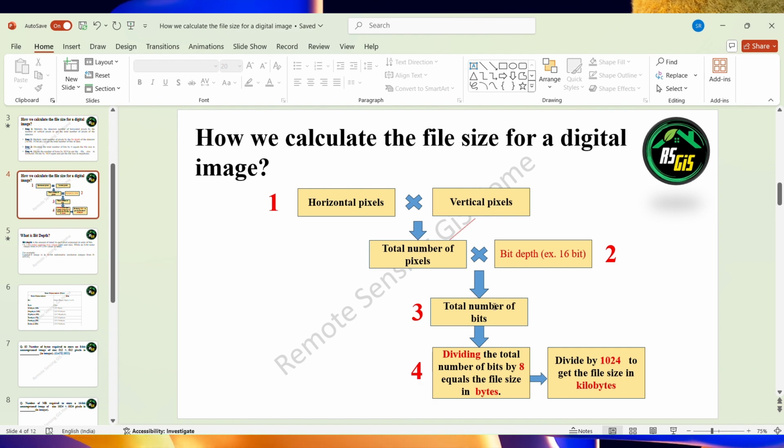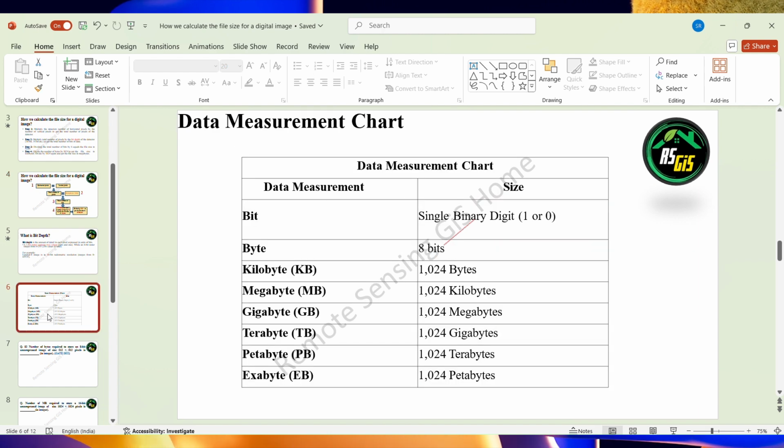If they need kilobytes, divide the bytes by 1024. If they ask for megabytes, divide by 1024 again. This process carries on depending on whether they ask for megabyte, gigabyte or terabyte.